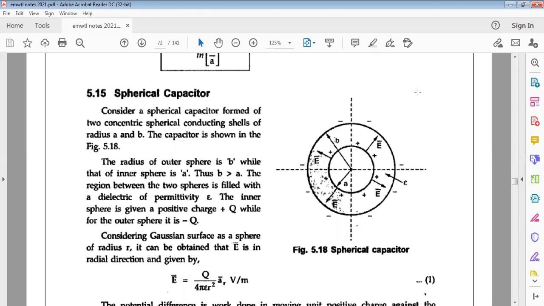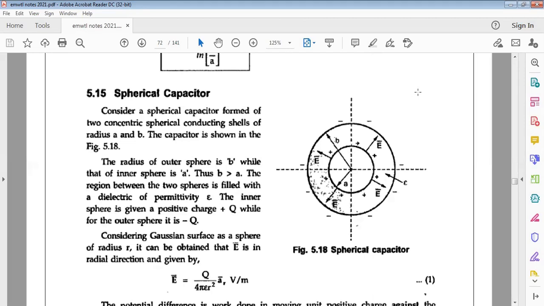It is like a parallel plate capacitor, with parallel plates of only the surfaces. And coming to the coaxial cable with length, the inner radius A and the outer radius B. The outer conductor is charged negative, and the inner conductor is charged positive.